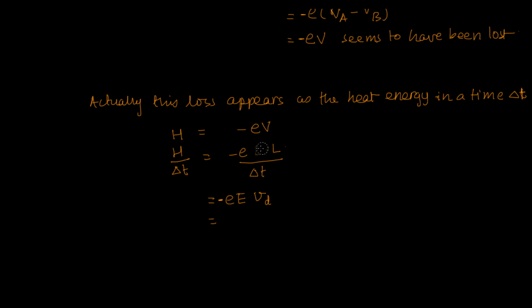I should have left it as V, so that this would have remained what it was. This is E into V upon delta T, and that will become I, because we have charge upon time.